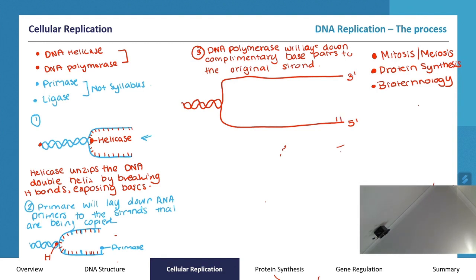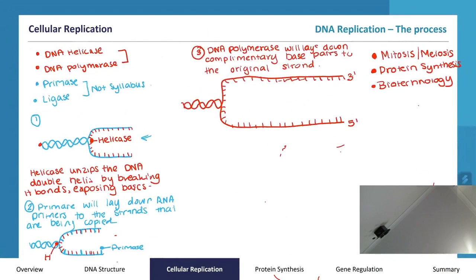And we start off with a couple of base pairs, like so. And so we've got A, T, oh, oops.